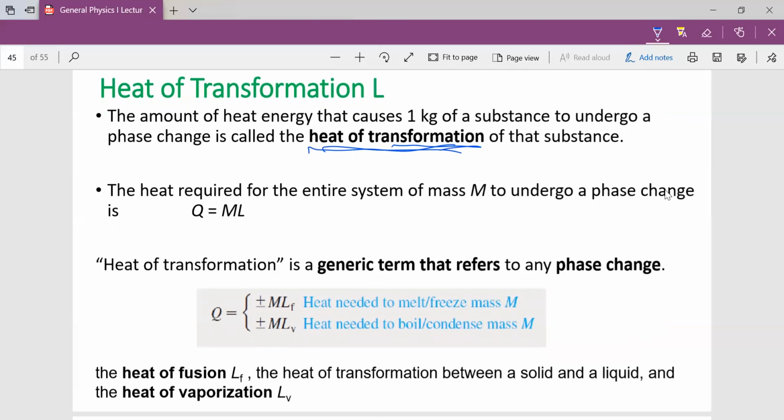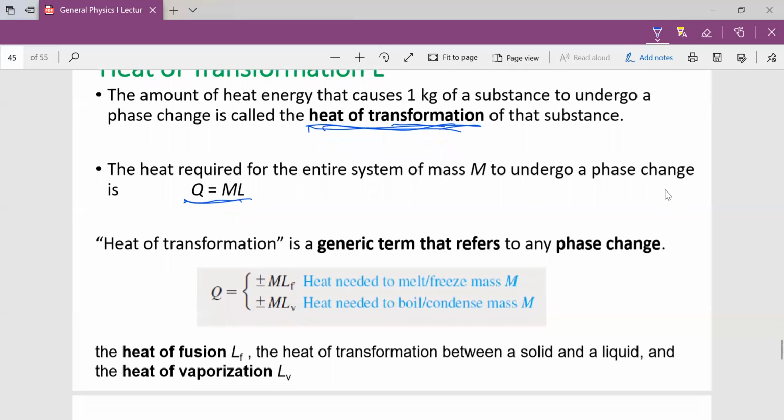So the heat required for the entire system of mass M to undergo a phase change, that is, to change practically from liquid to solid or solid to gas, is given as Q equal to mL, L being the heat of transformation.